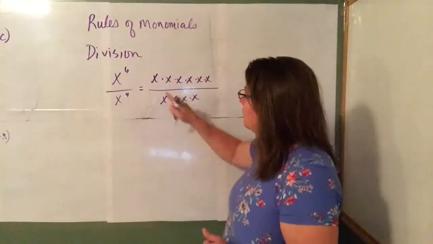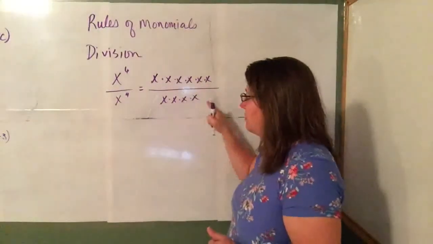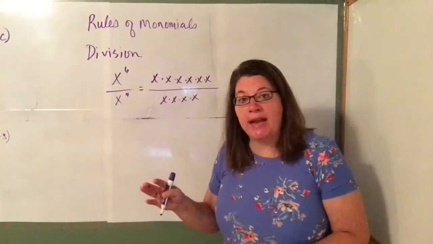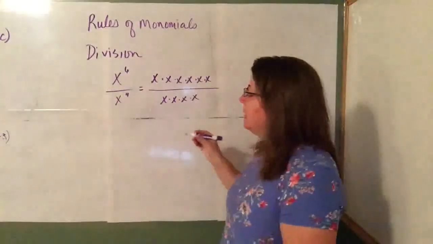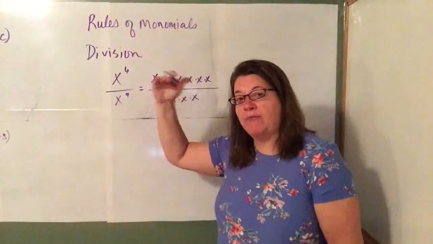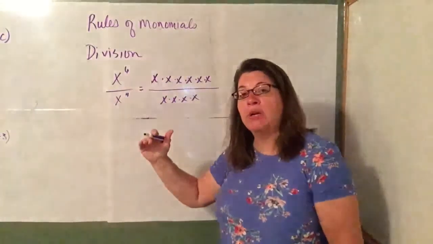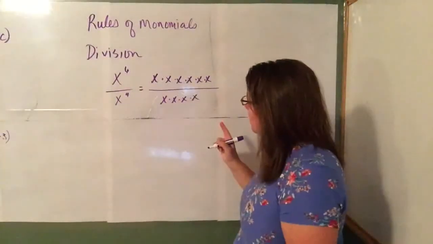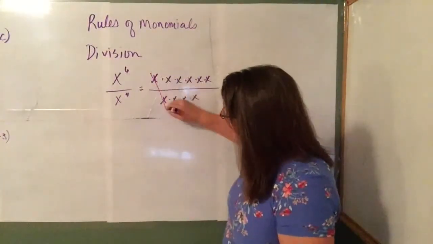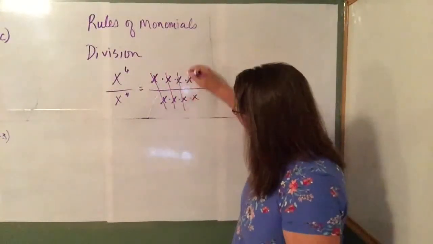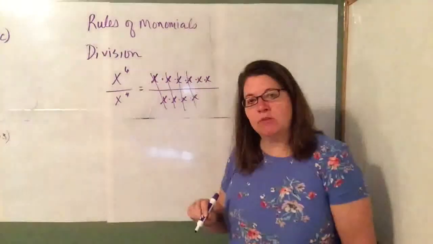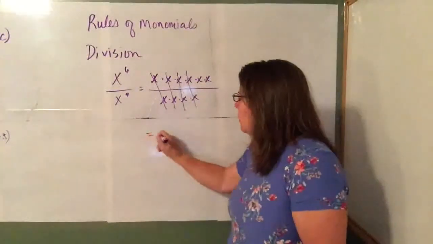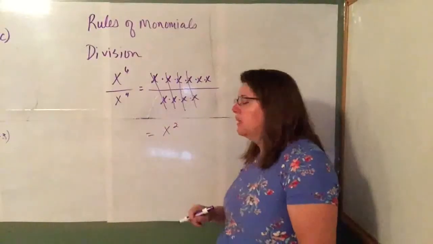So since all of these are multiplied together and all of these are multiplied together, I can consider all of them factors, okay? And I'm allowed to cancel a factor as long as one comes from the numerator and one comes from the denominator. So if I look at this, I see 4 x's that can cancel, leaving me with an x squared left over.